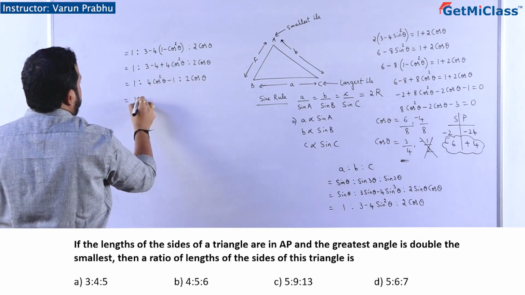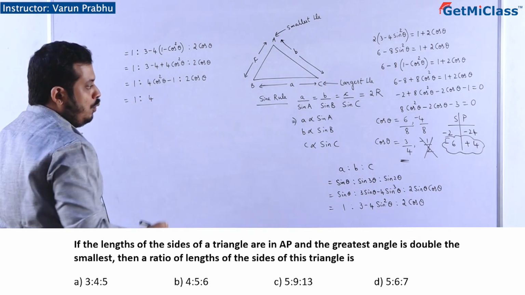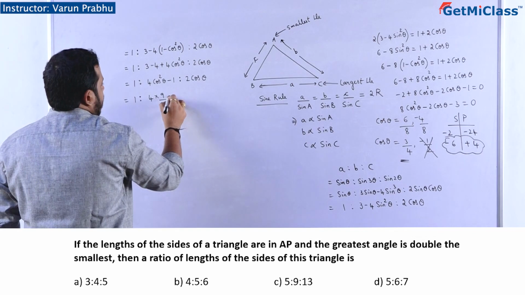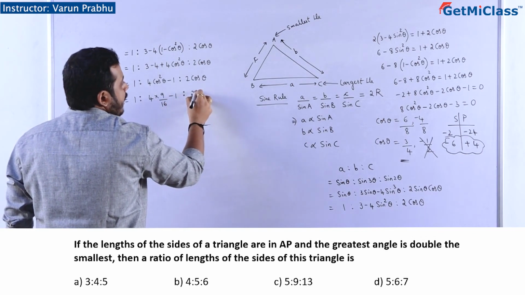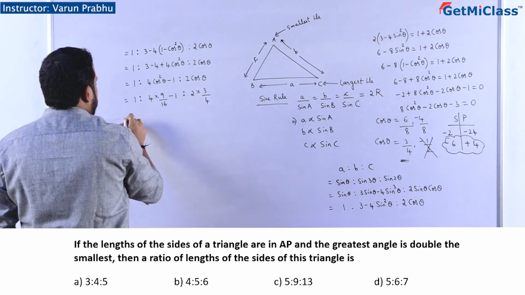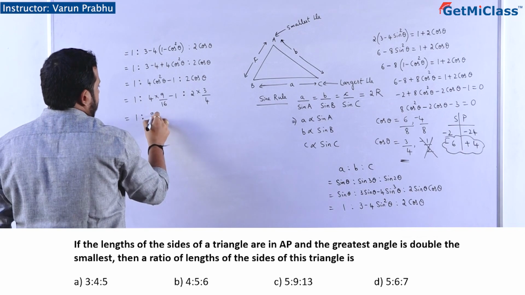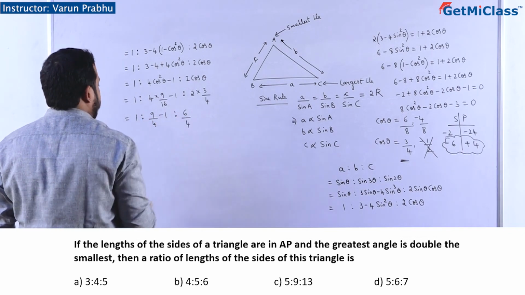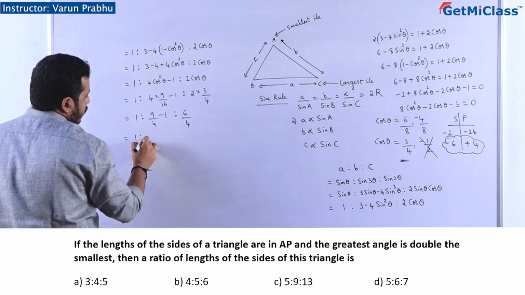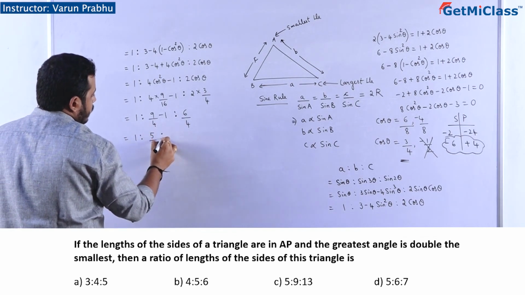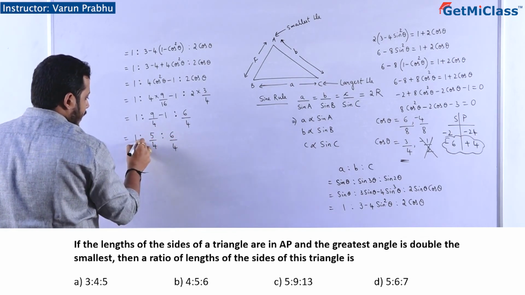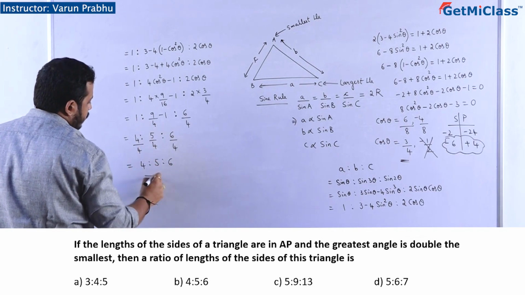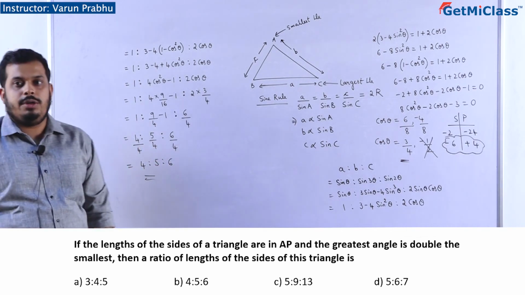Cos squared theta is 9 by 16, and 2 cos theta is 2 into 3 by 4. So 1 is to 9 by 4 minus 1 is to 6 by 4, so 1 is to 5 by 4 is to 6 by 4. I can write 1 as 4 by 4. So the answer to the question will be 4 is to 5 is to 6. This is a very, very important question. Mark it.